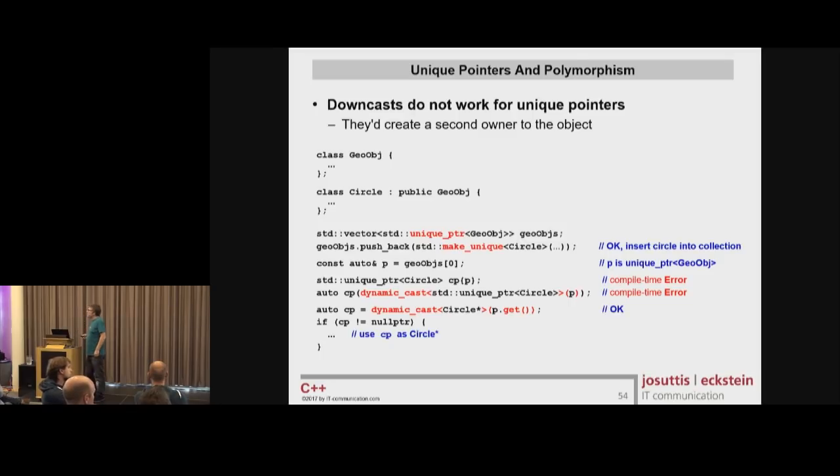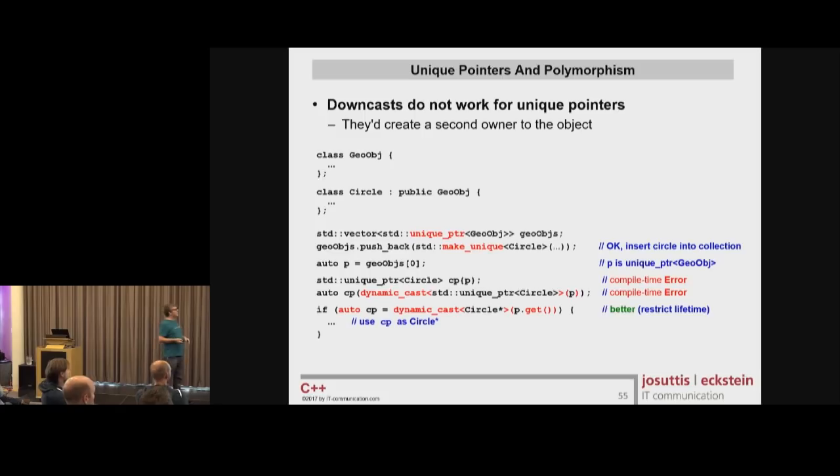So that's the way you have to do it, and to make it a little bit more safe, you might say, let's do it in one expression. In the if statement, you can declare with auto the circle pointer and use it, but this makes sure that at the end of the if statement, the lifetime of the raw pointer is gone. So beware.